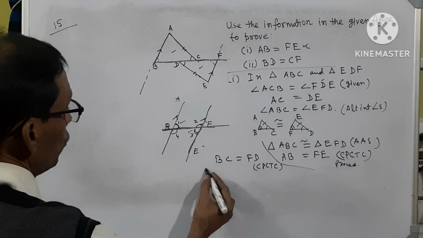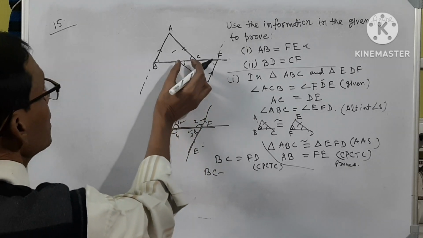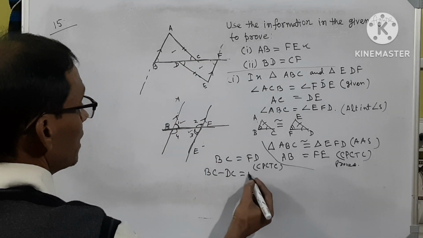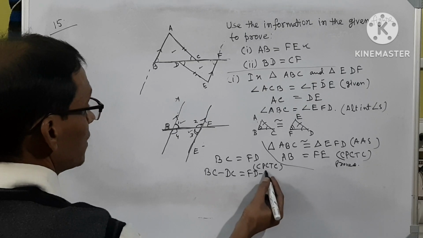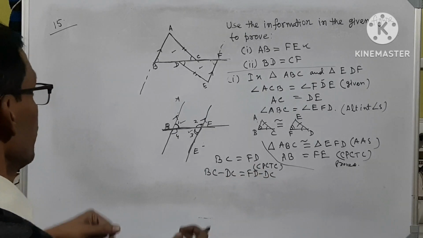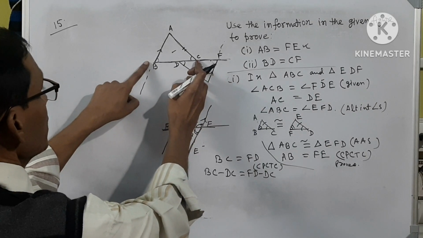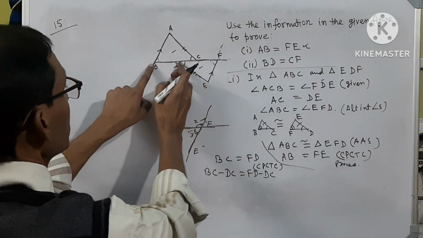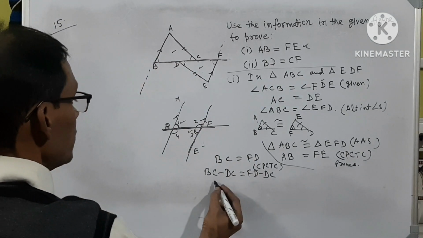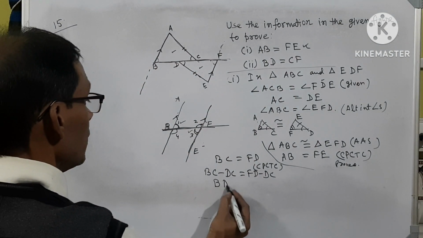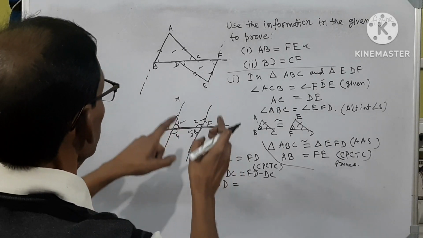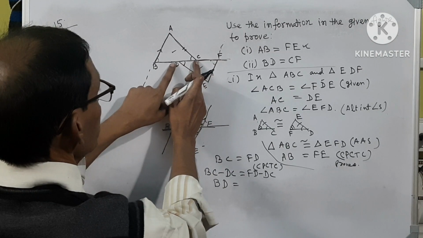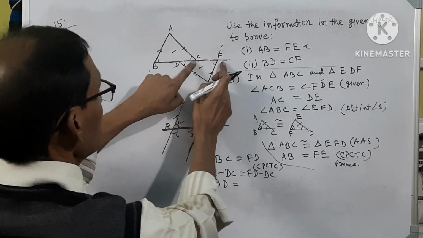Now, if you subtract DC from both sides, from BC, if you are subtracting DC, then you are getting BD. And similarly from FD, if you are subtracting DC, then you are getting CF.